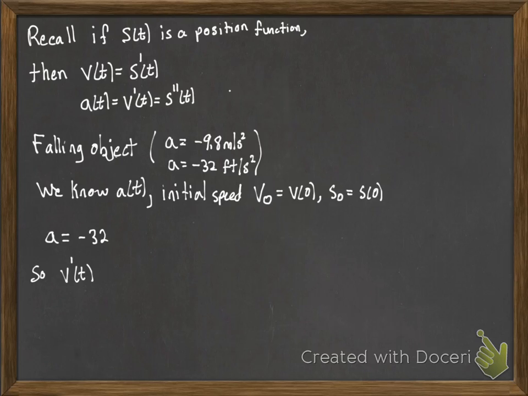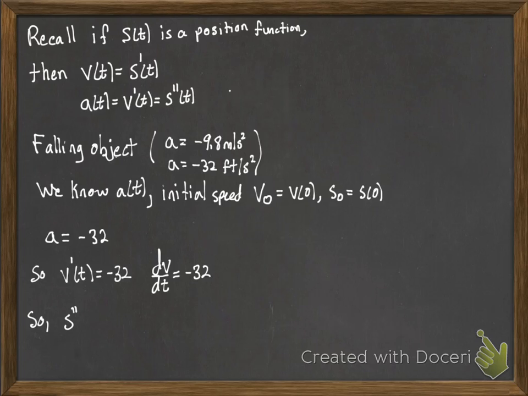So I know that v prime of t is also negative 32. Typically we don't write it as v prime, we write it using differentials. So we'd say dv/dt is negative 32, from which we can now proceed to solve.